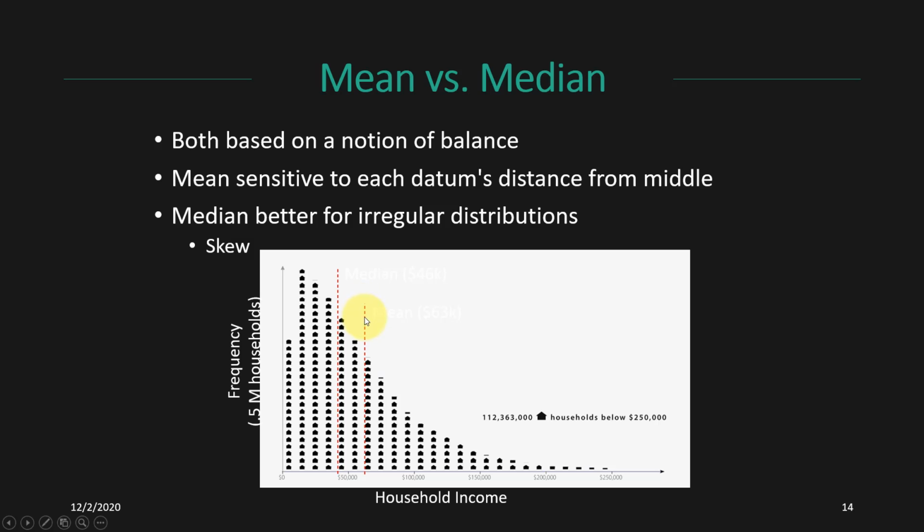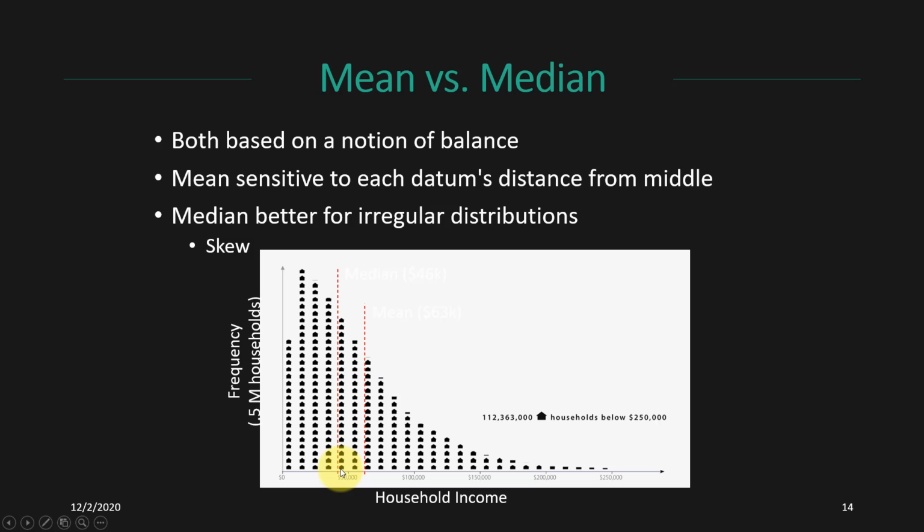In this case, it actually works out to be about $63,000, but the median household income is about $46,000, right? So the median actually tells a better story here because it's a better representation of the typical household, whereas the mean is getting strongly pulled by these outliers in this tail, making the typical household seem like they're doing a lot better than they really are.